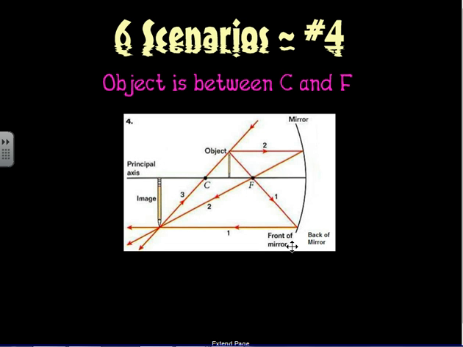Moving on to scenario number 4, where the object is located between the center of curvature and the focal point. In this case, the image is outside the center of curvature. It is larger than the object. It is inverted, and it is real.